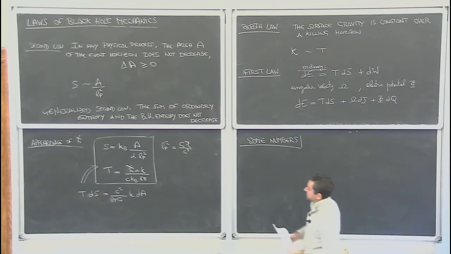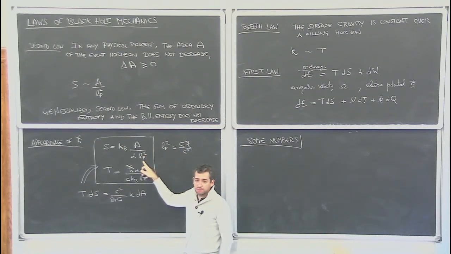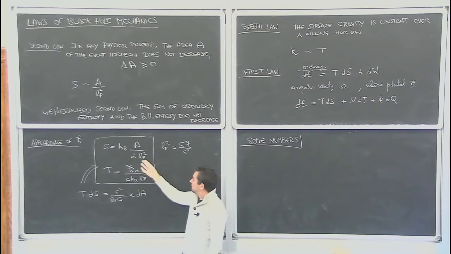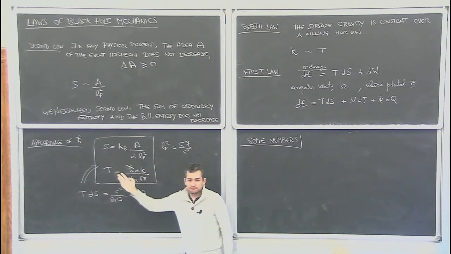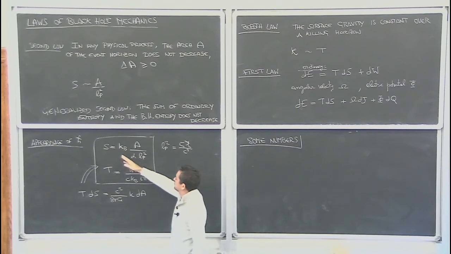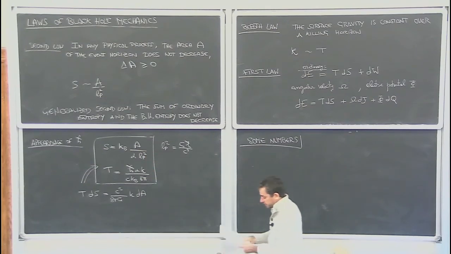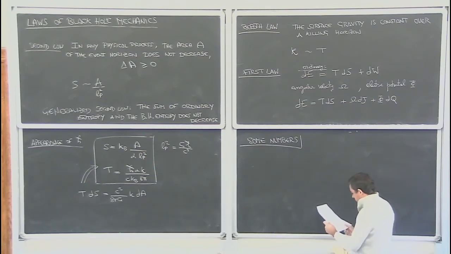So the fact that in the expression for the entropy we have 1 over the Planck length squared, the Planck length is 10 to the minus 35 meters, makes the entropy huge, right? Measured in units of the Boltzmann constant, it has 10 to the 70 coming from the 1 over LP squared. So let's be more precise.